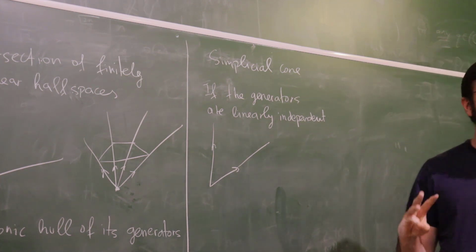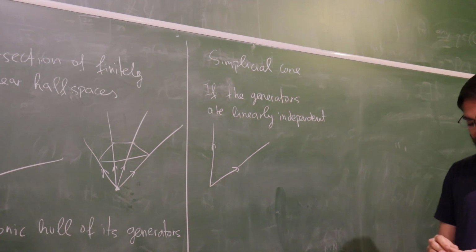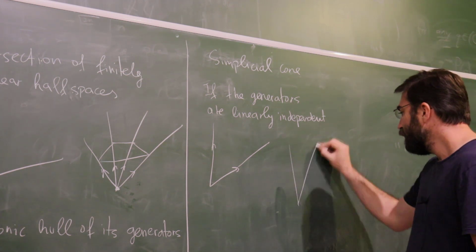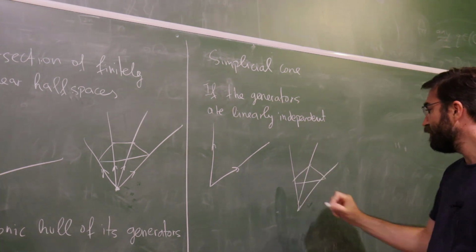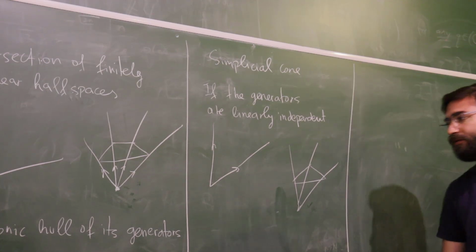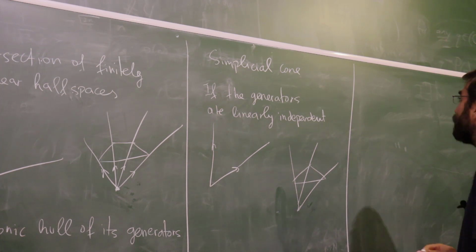So we have 4 generators in 3 dimensions, not linearly independent. I mean, this would be a simplicial cone in 3D though. Okay. Simplicial cones are important.